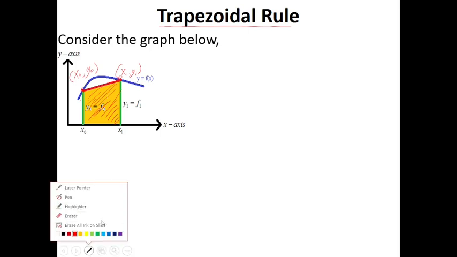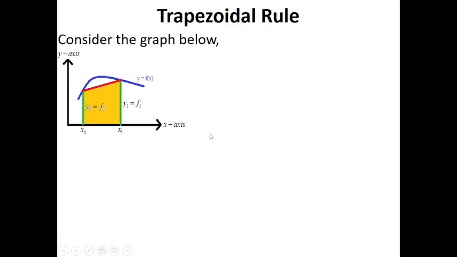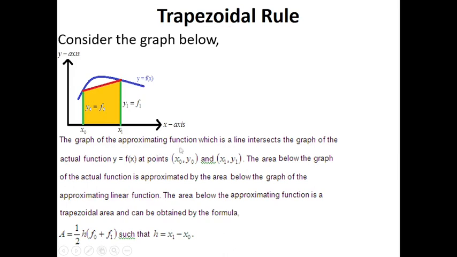Okay, in this case, the graph of the approximating function, which is a line, intersects the graph of the actual function. So this is the graph of the approximating function, the red line, intersecting the graph of the actual function y equals f of x at points x sub 0, y sub 0 and x sub 1, y sub 1.